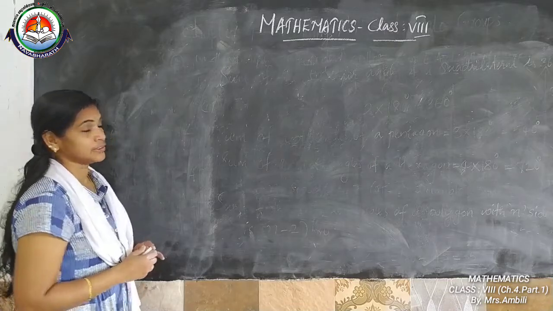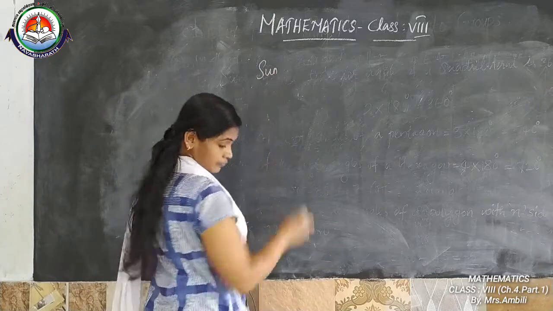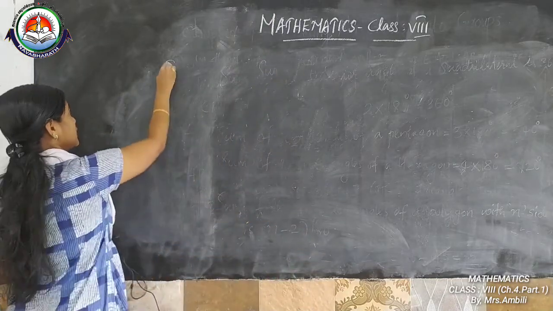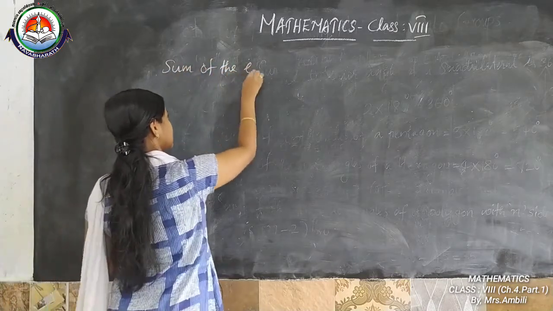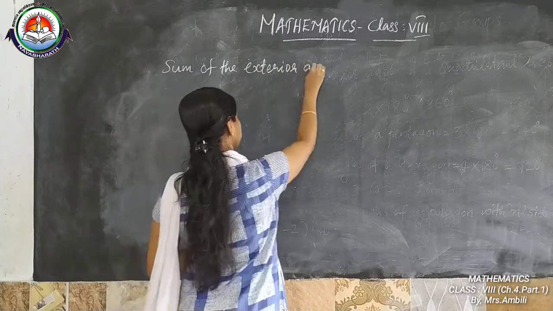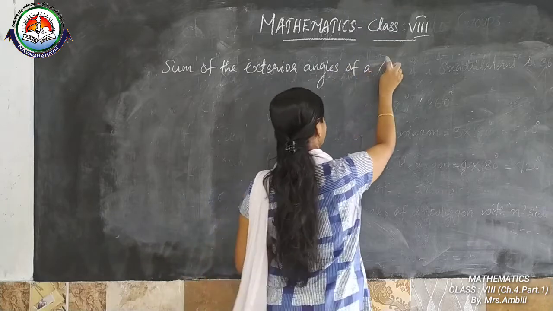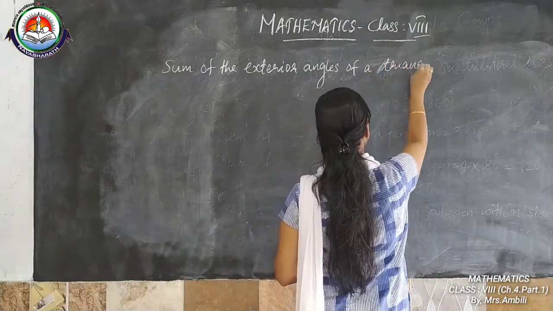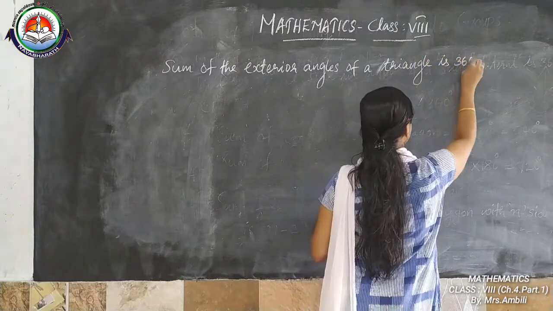So for that, we studied that the sum of the exterior angles of a triangle is 360 degrees.